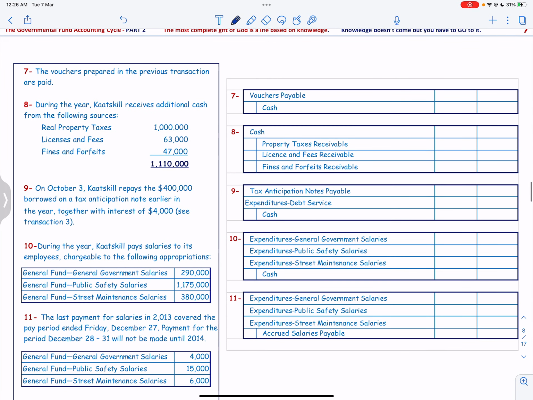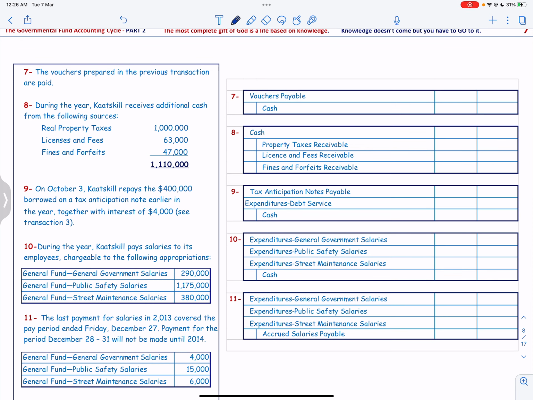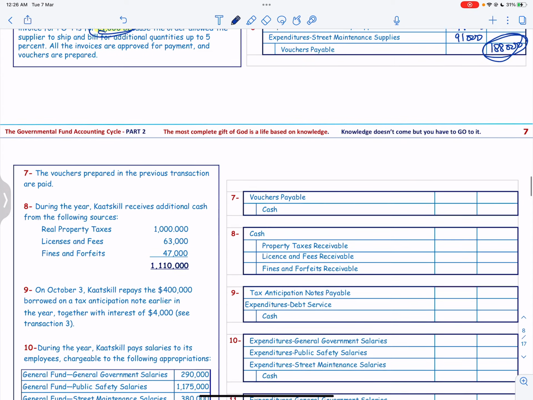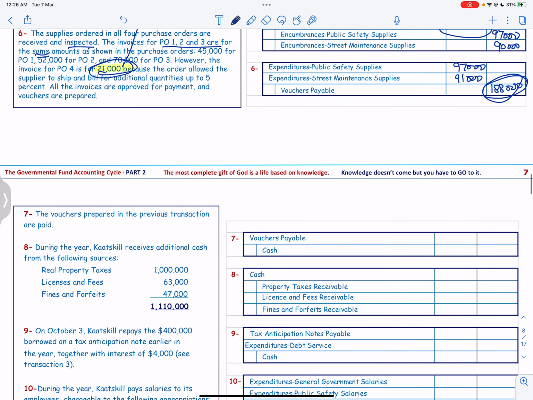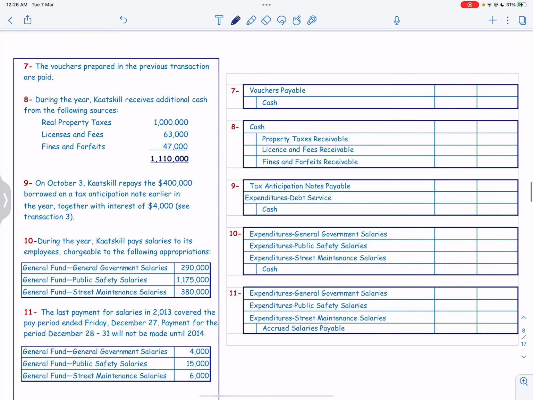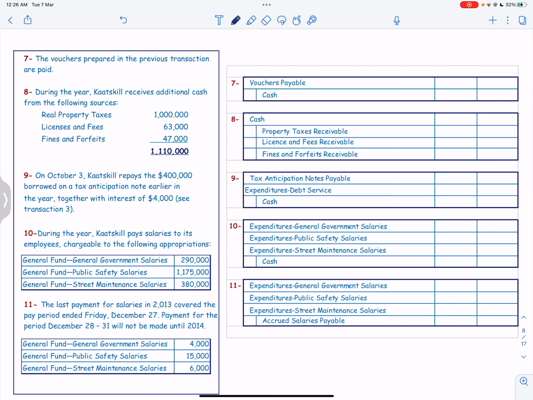The vouchers prepared in the previous transaction are paid. So obviously voucher payable was 188,000 and we are paying this amount. So voucher payable is debit by 188,000 and cash is credit by 188,000. Next, during the year, Cardsguard receives additional cash from the following resources.